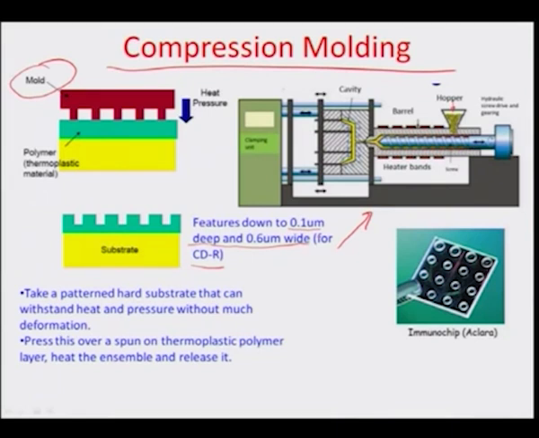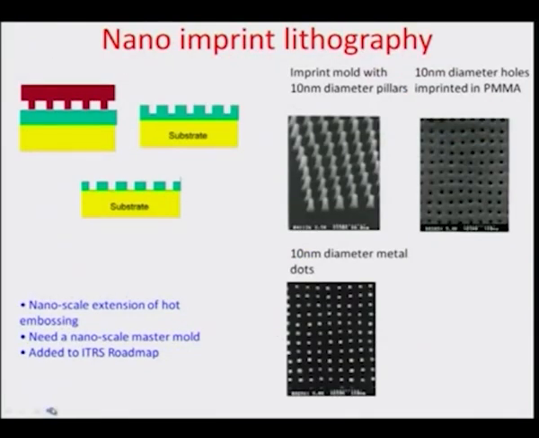So, some of these processes, like I already mentioned about this immunochip film Clara technologies, are actually made using compression molding process. If you can take this down to the nanoscale, a very interesting process develops out of it, which is called nano imprint lithography, and it is a nanoscale extension of hot embossing or compression molding, as I illustrated in the slide before.